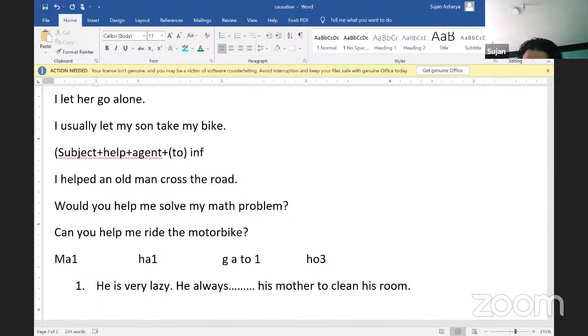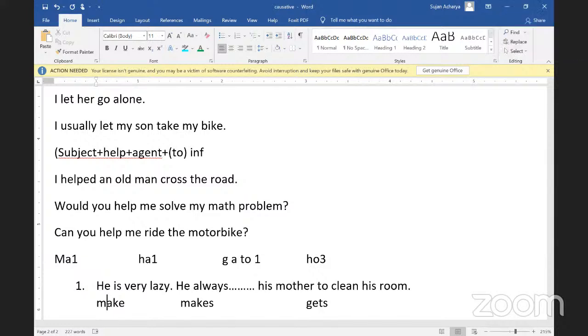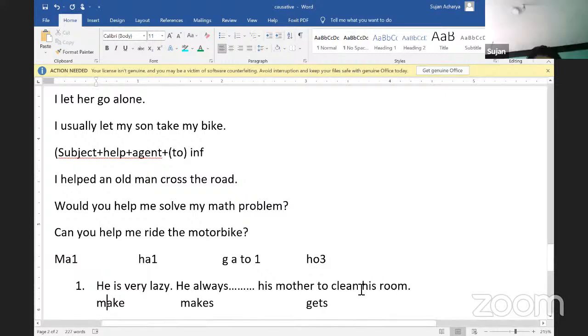Options are make, makes, gets. The answer is gets. Why? Because of this word, to clean: to plus V1. We have nothing to do with the rest of the sentence; it is just here to confuse you. He always gets his mother to clean his room.